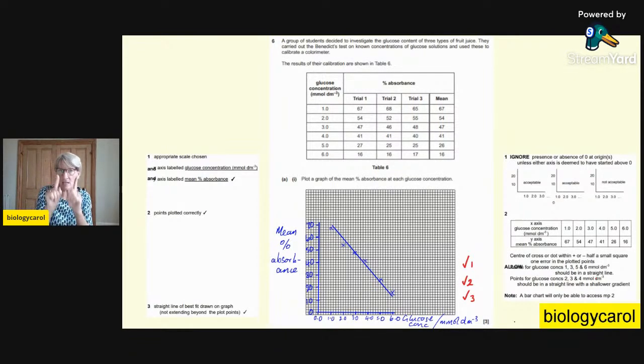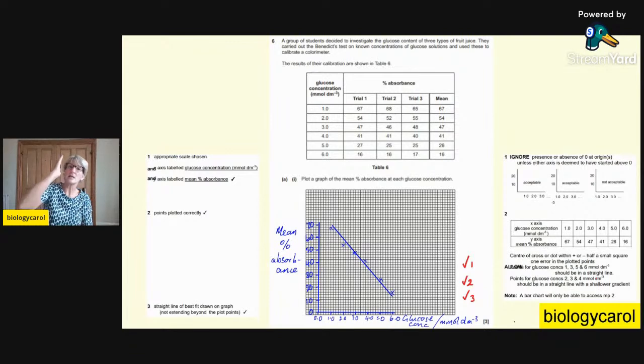Also, here's the way to refine your line of best fit. Notice this is true of a curve or a straight line. You actually want the distance between the points on one side and the distance between the points on the other side to be approximately equal. A line of best fit should never try and go through each point.